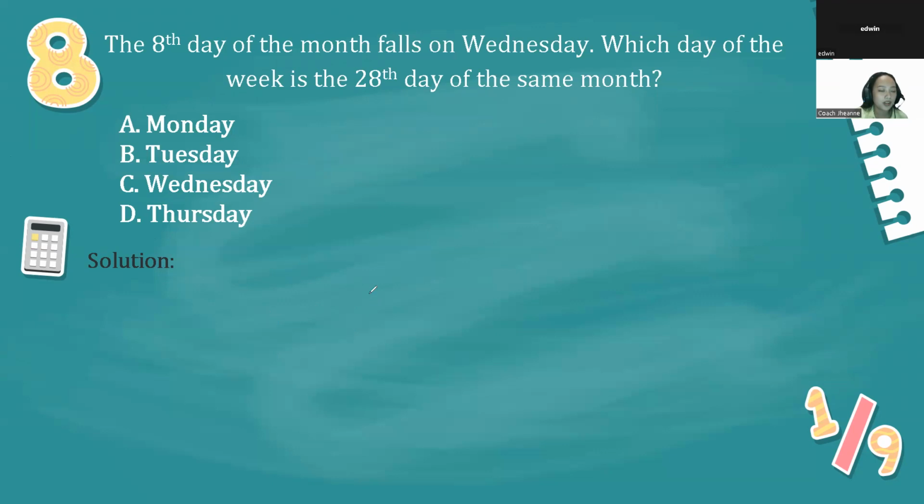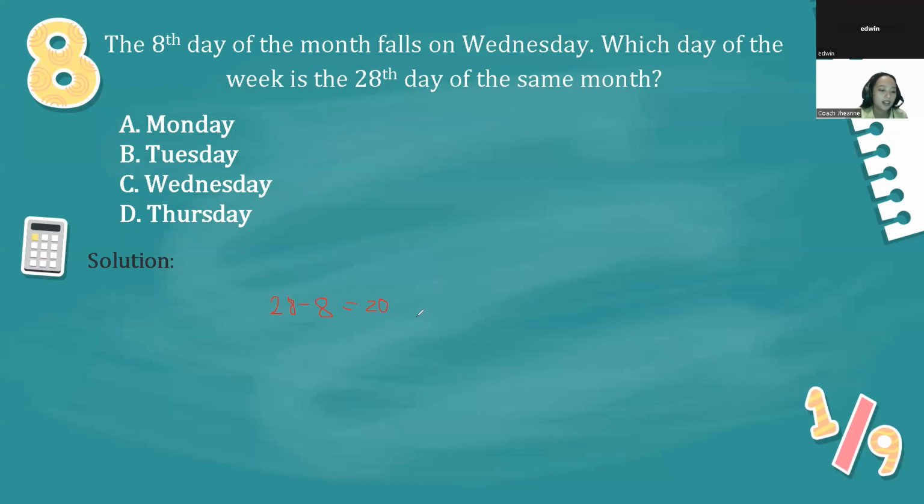So, usually to solve this kind of problem, there are 2 or 3 steps. The first step is to subtract the given day, which is 8, from 28. 28 minus 8 is 20.